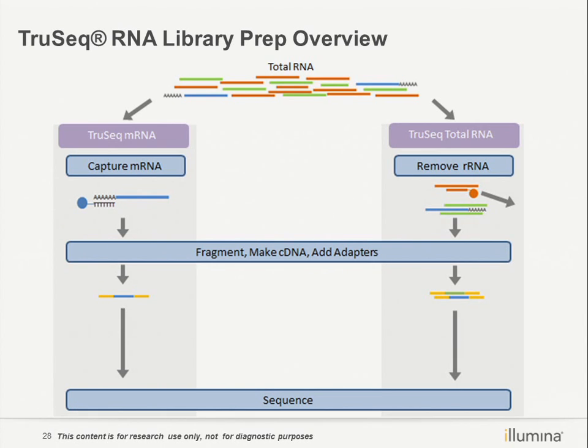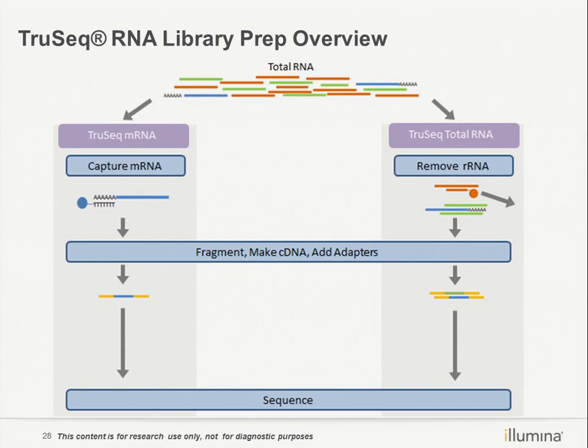Here we can see the first tool, the TruSeq mRNA. We use some oligo with poly-T tailing. This way we can capture the messenger RNA with the poly-A tail. Capture this part of mRNA, make some fragments, make cDNA, add adapters, and it is ready for sequencing. This is the first method. We only capture the mRNA.